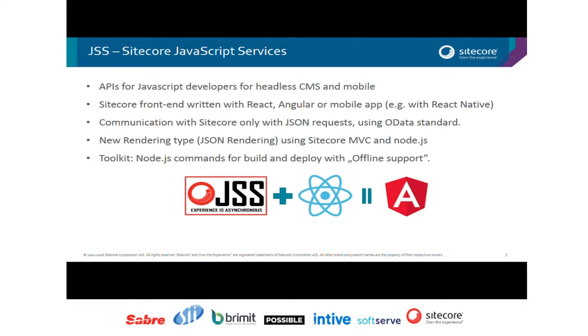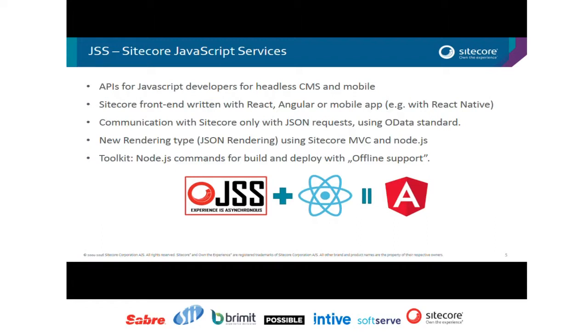What is the JSS? It's an API for JavaScript developers to develop headless CMS or to develop some mobile application based on Sitecore. So the developers can use React.js, can use Angular to develop the application and to connect to Sitecore with JSON requests only.